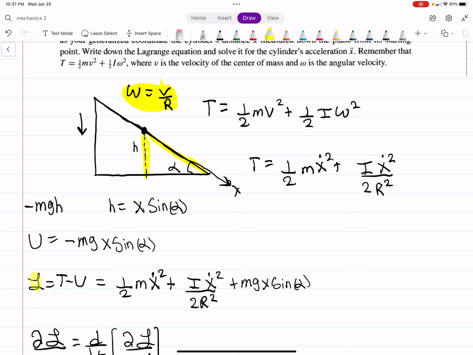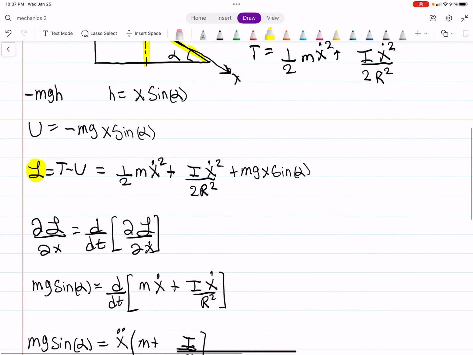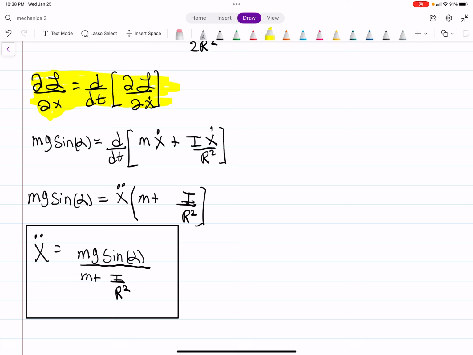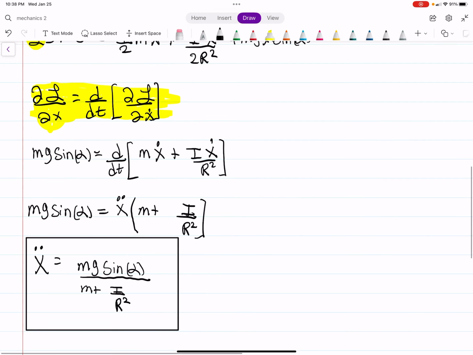And then you can write down your Lagrangian. Then use your Euler-Lagrange equation to get your equation of motion. Multiple equations of motion sometimes. In this case, we just had x, which is this big guy. Once you do this, you will get an equation with, in this case, x double dot, and we're going to solve for x double dot, our acceleration, which is what we did.